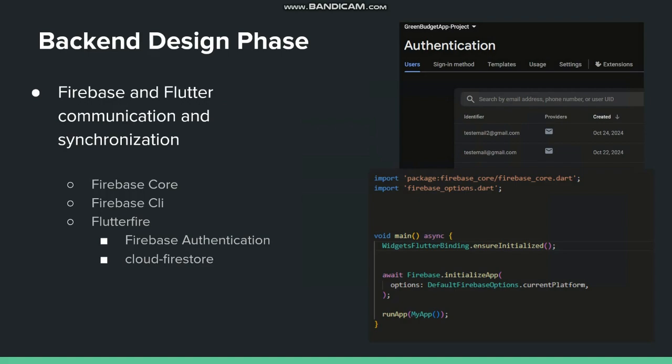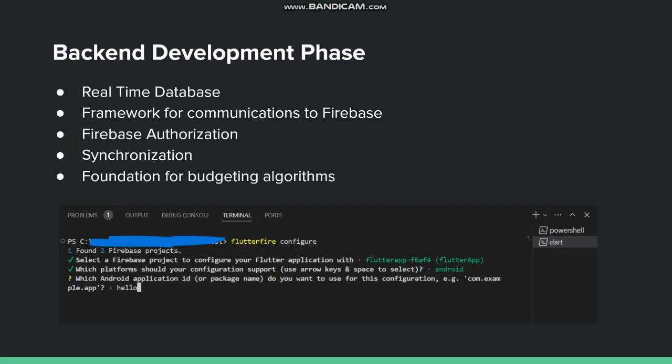So we wanted to choose a solution that would not only give us our database, but also give us a level of authentication to protect our user information. That is what led us to Firebase Core, Firebase Authentication, and Cloud Firestore to save our users' information.